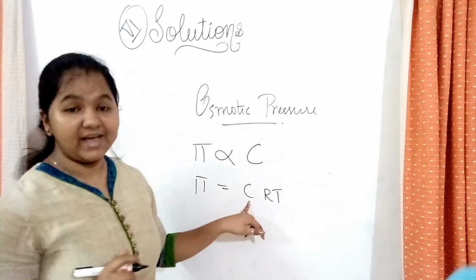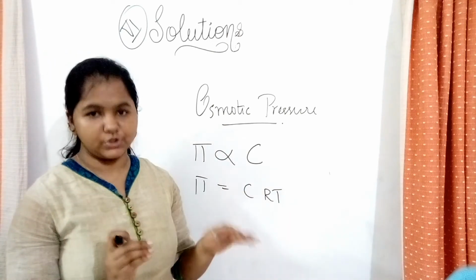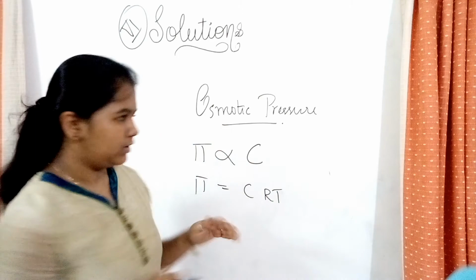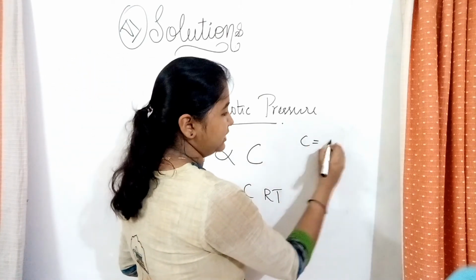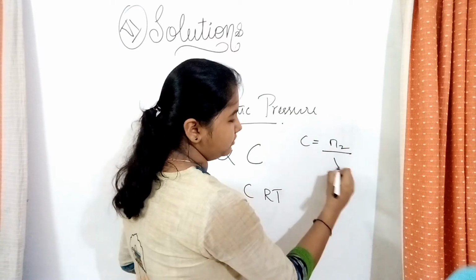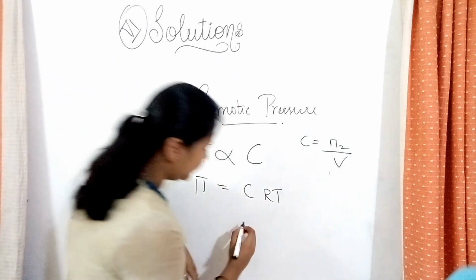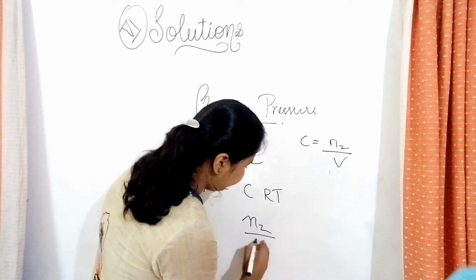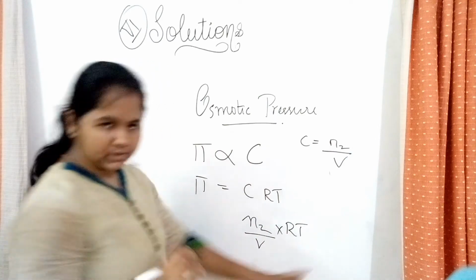And what is molarity? That is the number of moles of solute divided by the total volume in liters. So C is equal to n2 by V. Let's substitute that over here: pi equals n2 by V into RT.